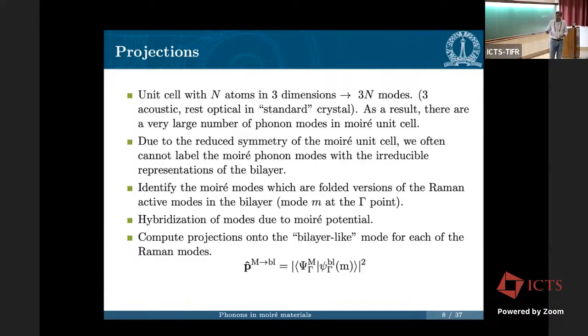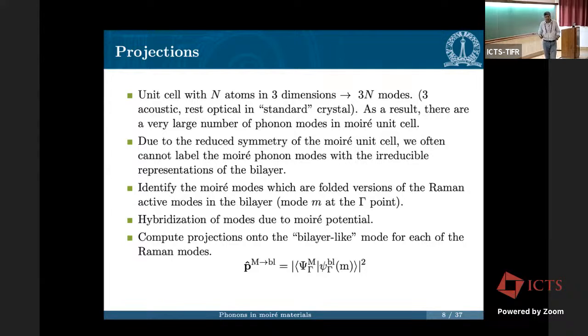One thing that you immediately realize is the Moire lattice may not have the underlying symmetry of the unit cell lattice, in which case you have to characterize this. Even if you wanted to do it with group theory, you would have to characterize it with a different group, which is fine. But even so, there'll be too many bands. And I'm not sure what you'd gain by doing that, right?